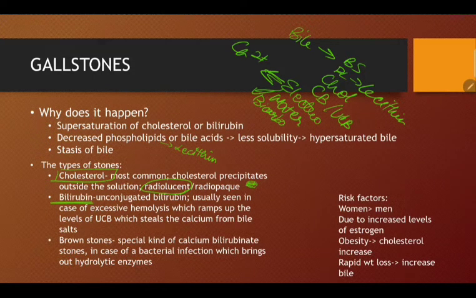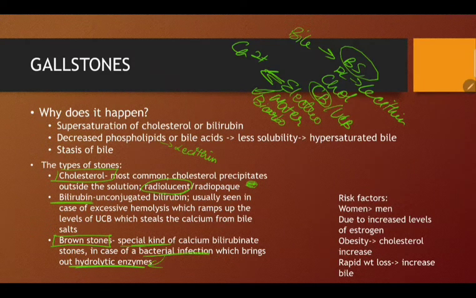Last one that you need to know is brown stones, and it's a special kind of stone. It always happens because of bacterial infection, for example, because of E. coli, Klebsiella, Clostridium. These bacteria bring out hydrolytic enzymes which cleave the conjugated bilirubin and the bile salts.